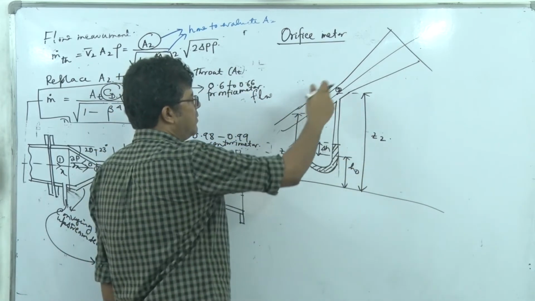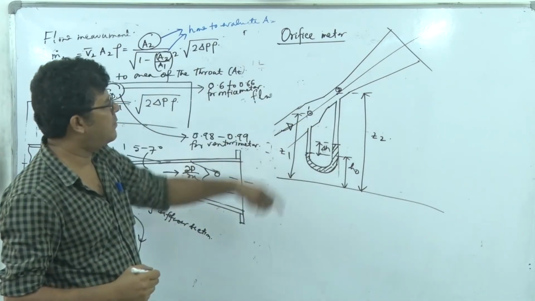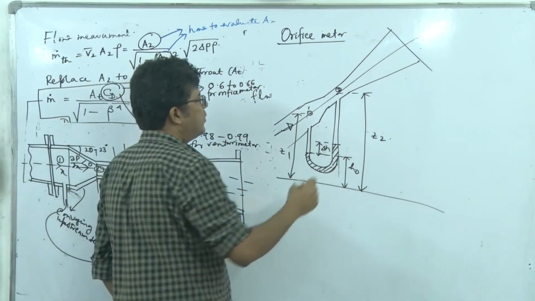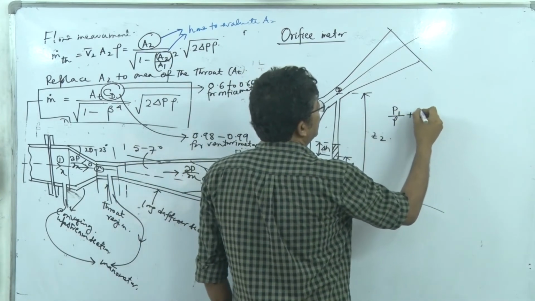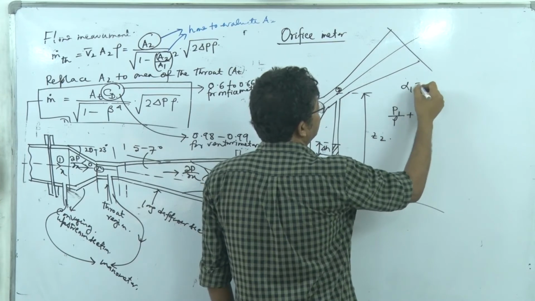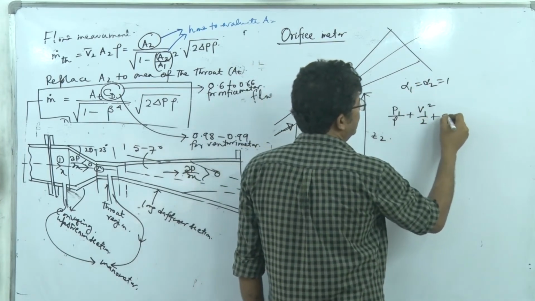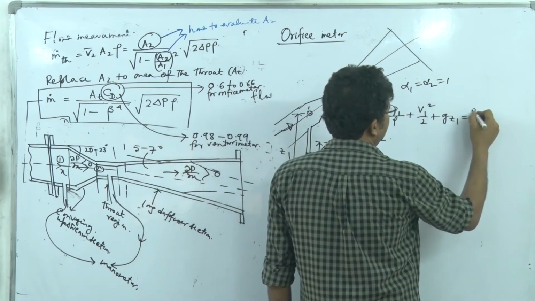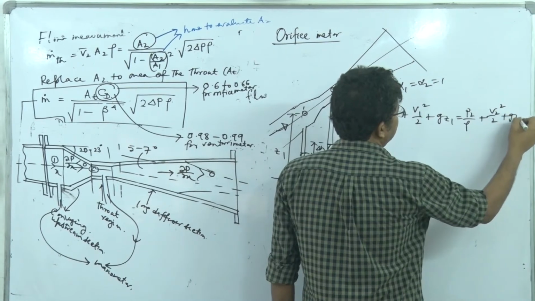So if I apply Bernoulli, and the flow is in this direction, if I apply Bernoulli between this point 1 and point 2, what will I get? P1 divided by rho plus V1 square by 2 plus gZ1 is equal to P2 by rho plus V2 square by 2 plus gZ2, taking alpha 1 and alpha 2 equal to 1.